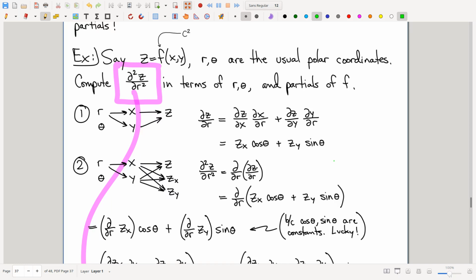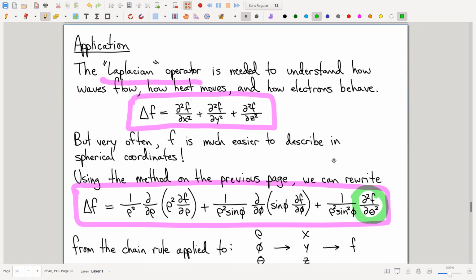That's what this does, right? So we see how to take second partials with respect to non-rectangular coordinates. Well, just do that, and you can write this in terms of rectangular coordinates, and you can write this in, I wanted a different color there, you can write this in terms of rectangular coordinates, etc., and you can go through this whole thing.